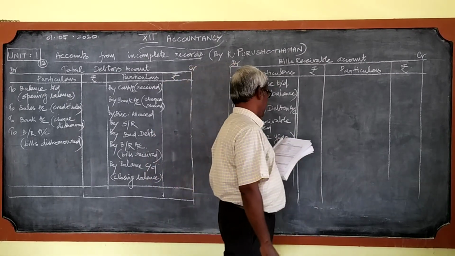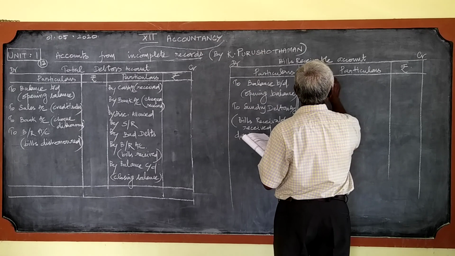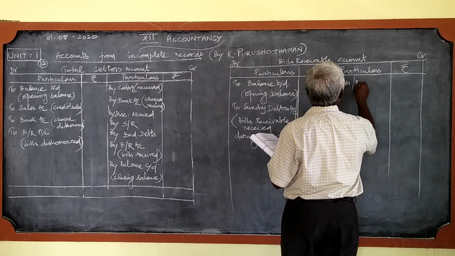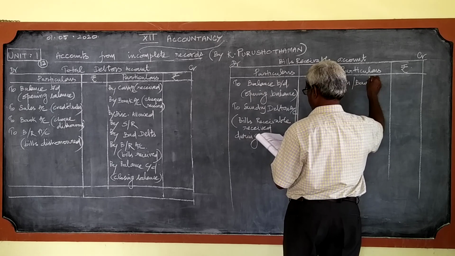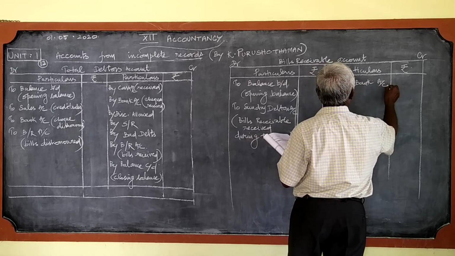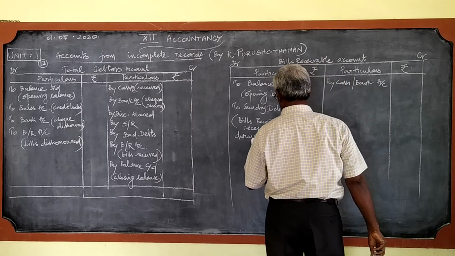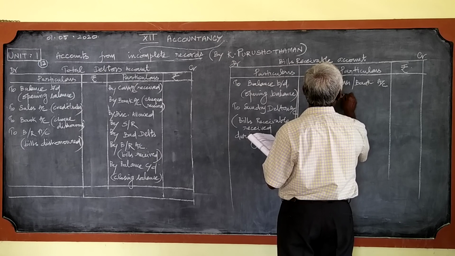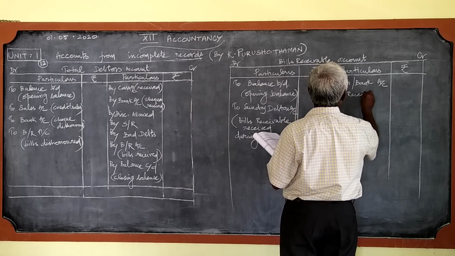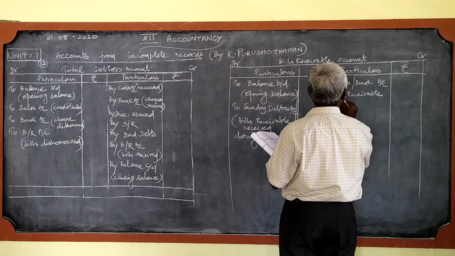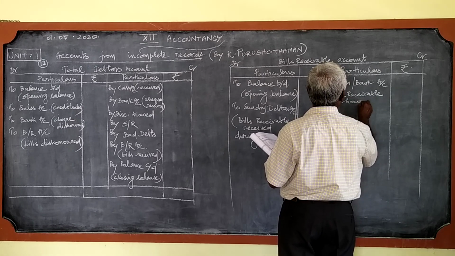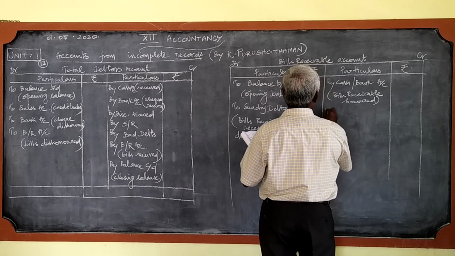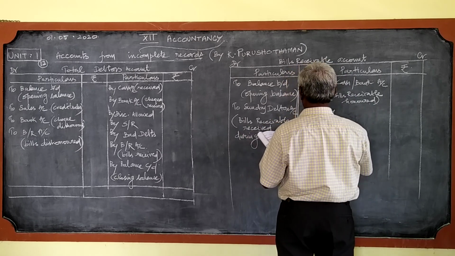Then on the credit side, by cash or bank account, bills receivable honored. Then the next item will be by sundry debtors.